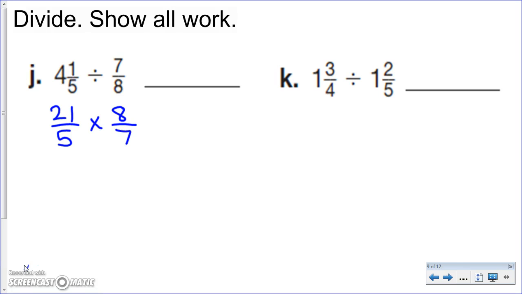All right, when you're multiplying with fractions like this, we know you can cross simplify to make it easier. So 5 and 8 can't simplify because they don't have any common factors, but 21 and 7 can. So 7 will go into 21 3 times, and it will go into 7 once.